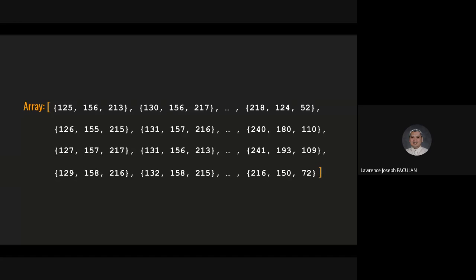I did not include everything, but just to give you an idea, 125, 156, 213 is the color information for the first pixel, or pixel 0, followed by 130, 156, 217 for the second, until we get to the last pixel, which has 216, 150, and 72 as the red, green, and blue, respectively.